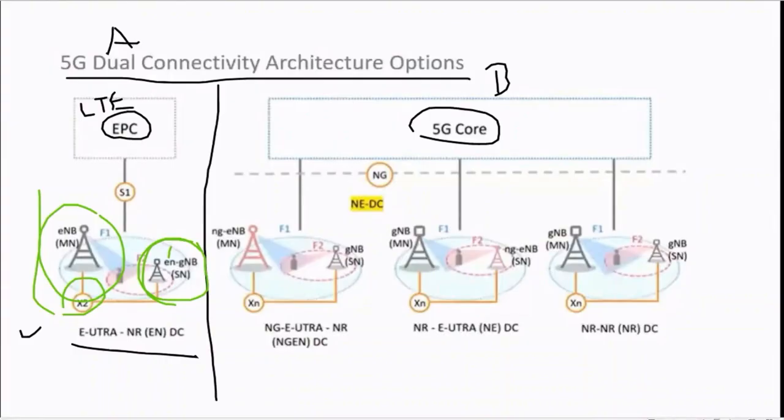We know that X2 is the eNodeB to eNodeB connection that is widely used from the beginning of LTE for doing handover between the base stations. So X2 is not a 5G interface, it's a 4G interface. All right. So now the gNodeB has to understand the X2, and it also has to understand the S1 because this is 4G.